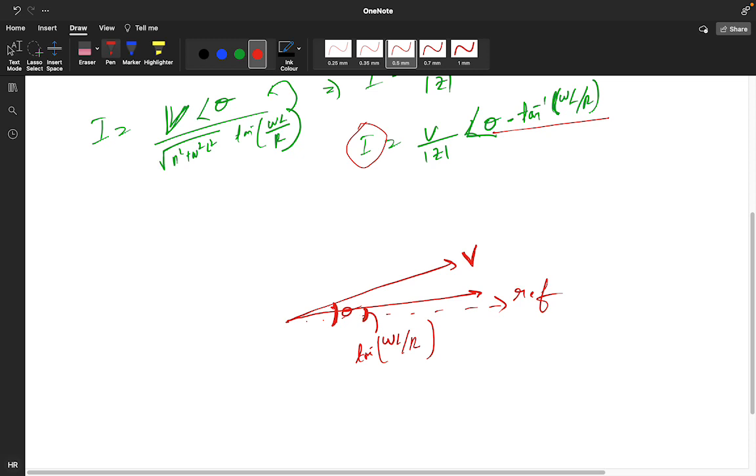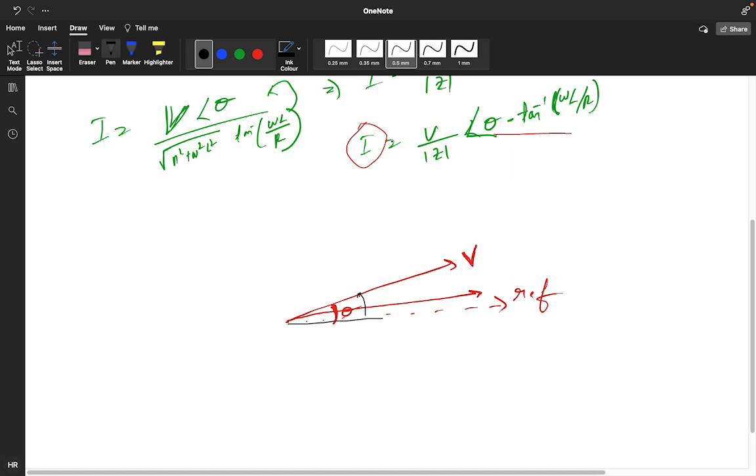So what I am saying is that V is leading the reference by angle theta, and your I has some angle theta minus tan inverse omega L by R. Theta is from this reference to this voltage.